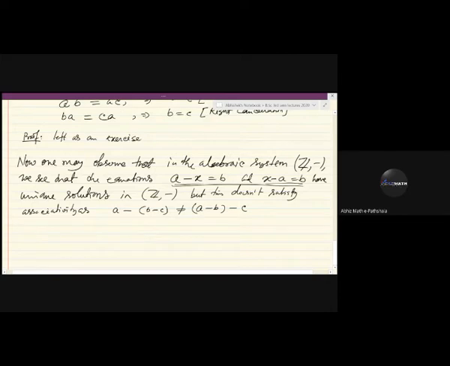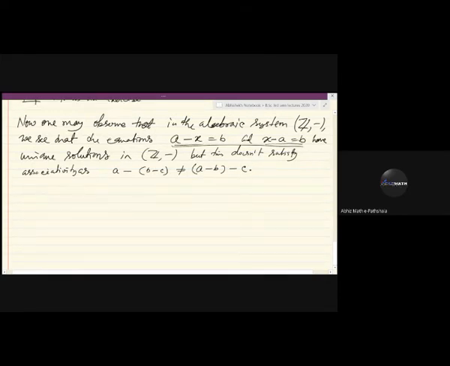But interestingly, if you impose associativity with this property, that in an algebraic system having associativity, the equations ax equal to b and xa equal to b have solutions in the system, then this algebraic system will be a group.